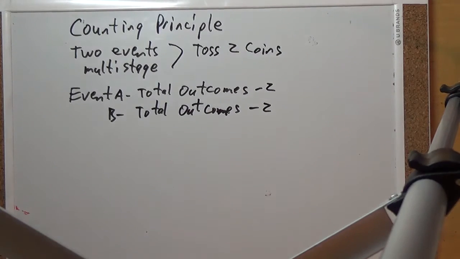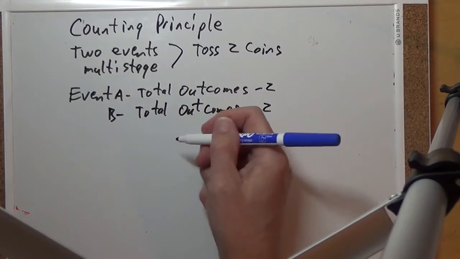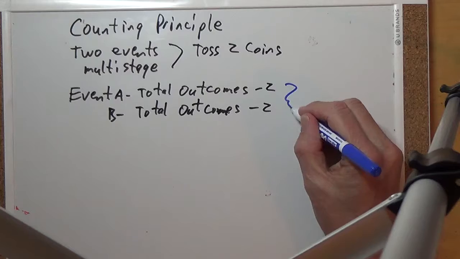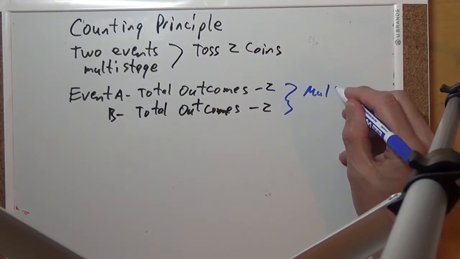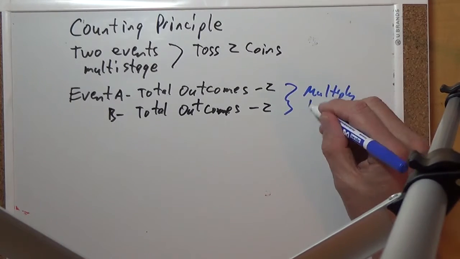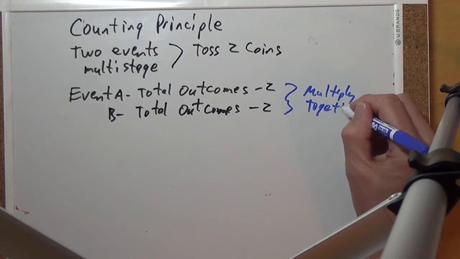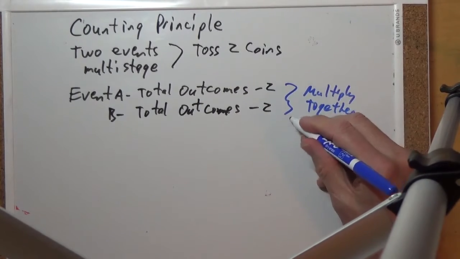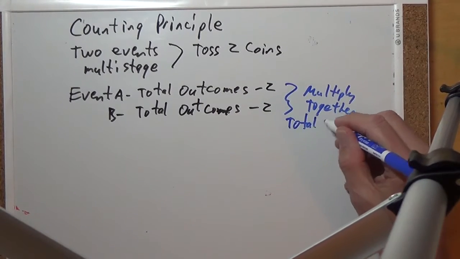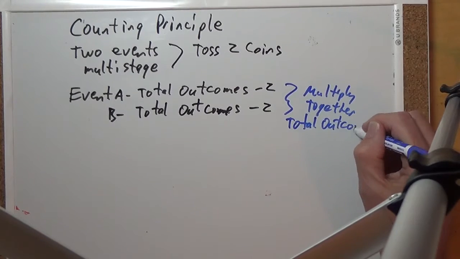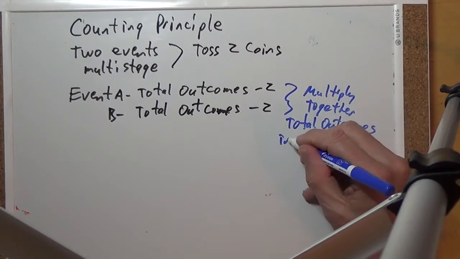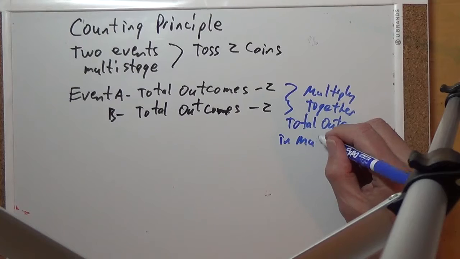And here's what the counting principle says to do. With a multi-stage event, you multiply these outcomes together. This will give you the total number of outcomes in the multi-stage.